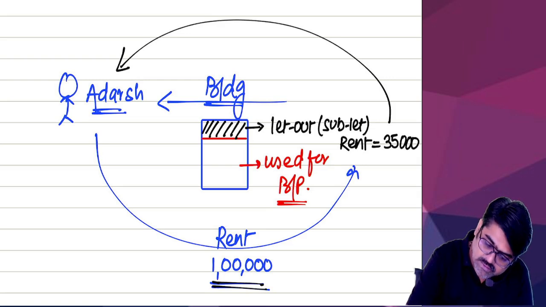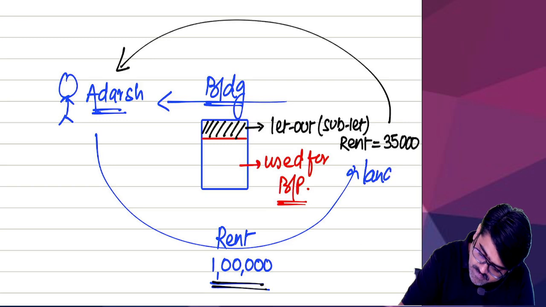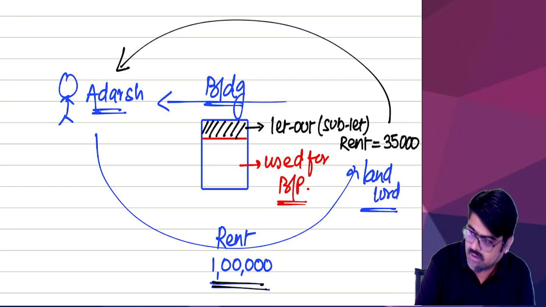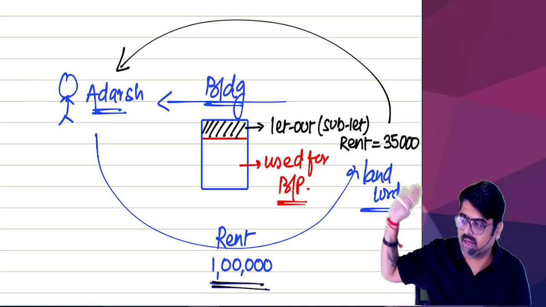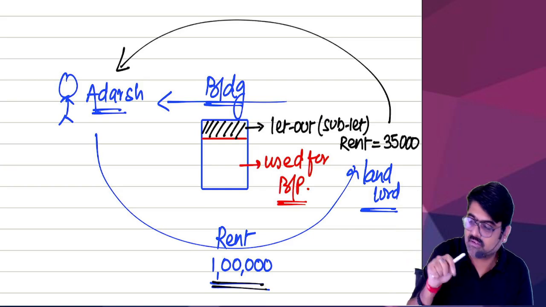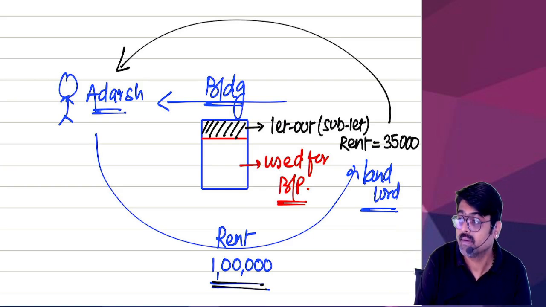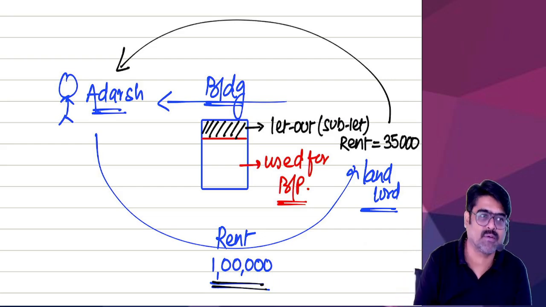So, tell me, landlord of this building will get how much? 1 lakh. So, this 1 lakh will be the income of that landlord, taxable under the head house property for that landlord. Yes or no? What about this 35,000? This is the income of Adarsh. So, this can be taxable in the hands of Adarsh.